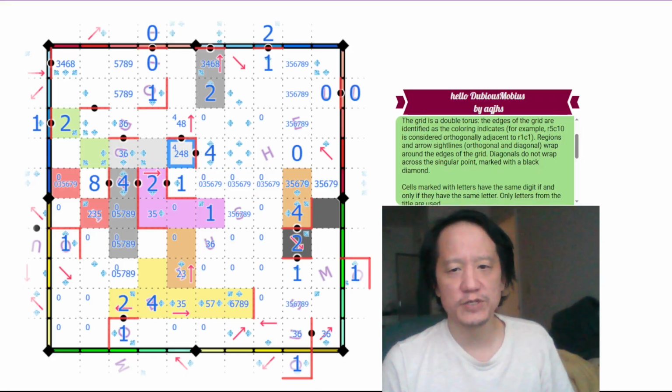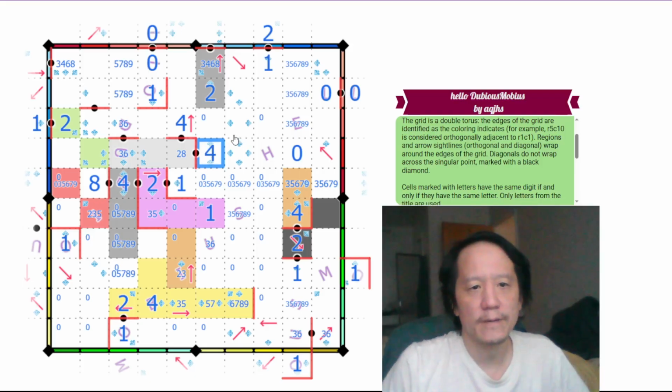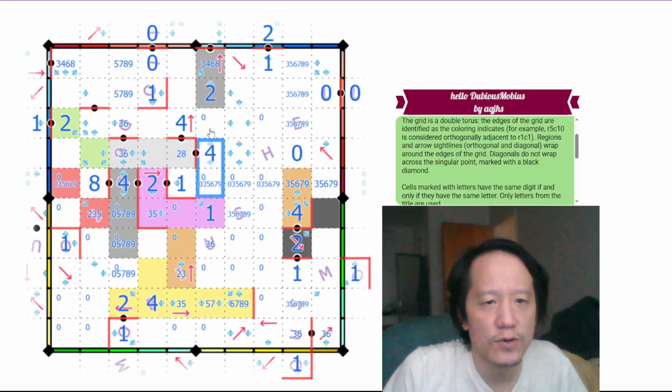This is 4, which means this can't be 4. This is 2 or 8. 2 or 8's in a 1-to-2 ratio with only 4. So that's 4, seeing that way. This is 4. So it either connects to this one or this pink one. We don't know which.